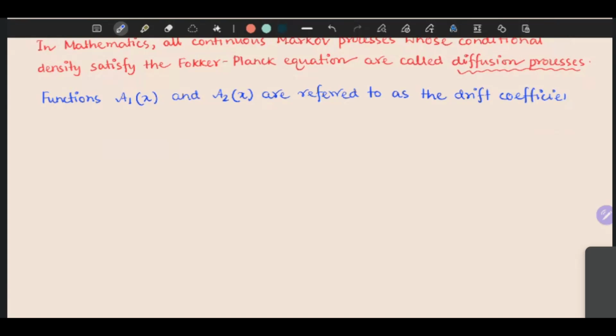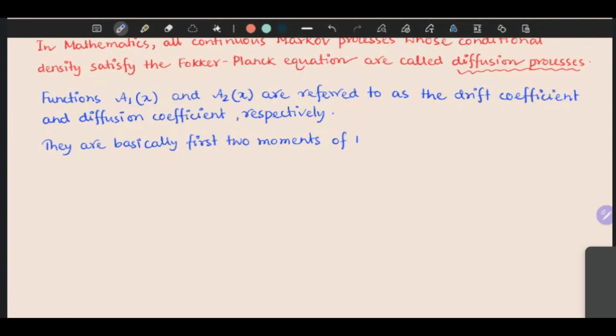They are essentially the first two moments of the transition rate.